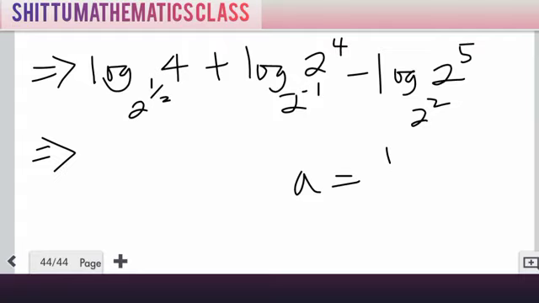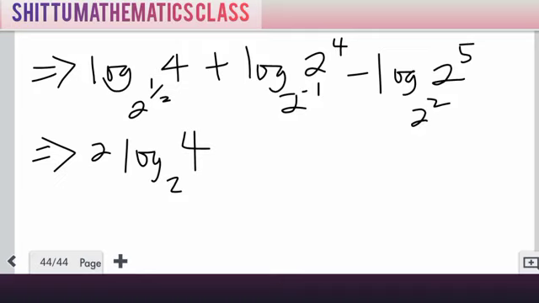So now we have log 4 to base 2 to power half, and that is going to be what? We take the reciprocal of the power of the base, that is 1 over 2, and it's going to be 2 over 1, which is 2. So we have 4 to base 2.